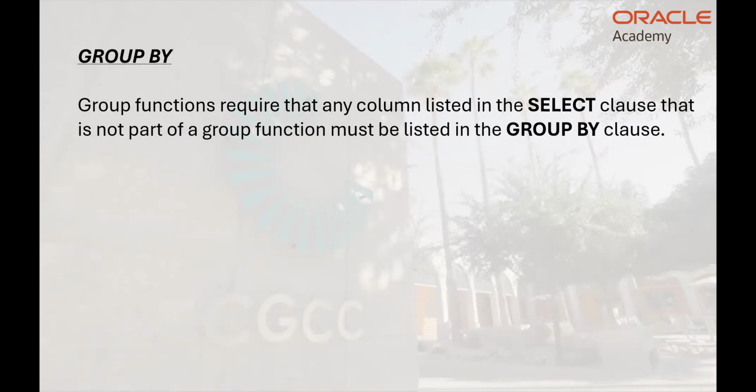It seems rather odd, but the way SQL works, it reads through all the columns in your select, and this will trip you up a lot: if a column is not a group function, then it has to be listed in a group by.